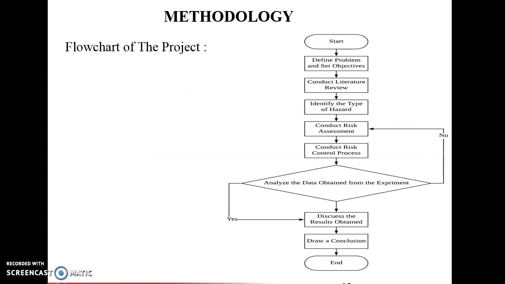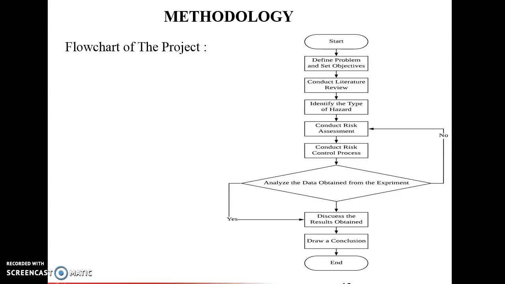And here's the methodology. According to the flow chart, we are going to start with defining the problem and setting the objectives. Conduct the literature review, and then we will identify the type of hazard.